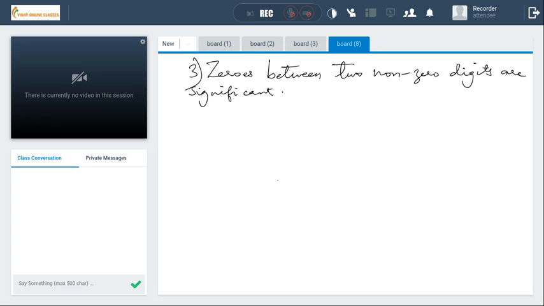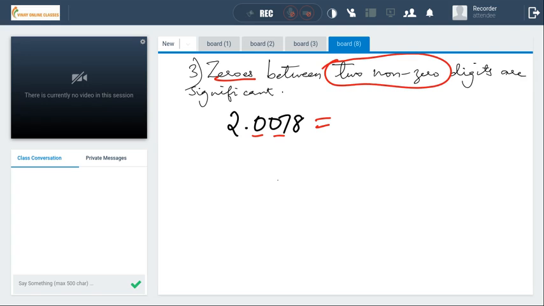Zeros between two non-zero digits are significant. So if I have a number 2.0078, we have to calculate the number of significant figures in this number. We have zeros between two non-zero digits, 2 and 7. These zeros lie between these two non-zero digits, so they are considered significant.